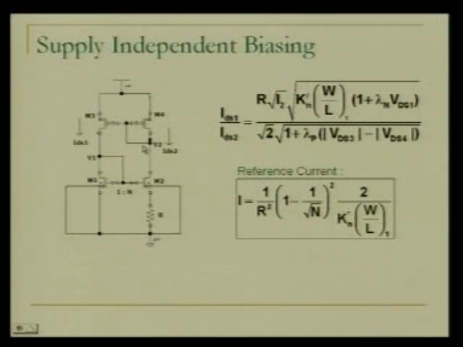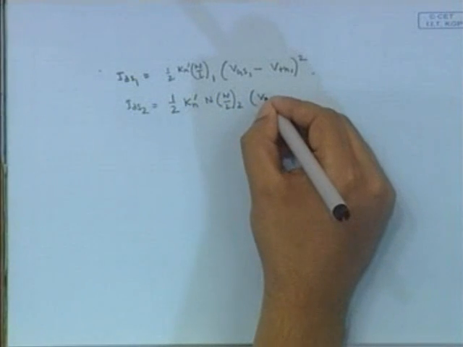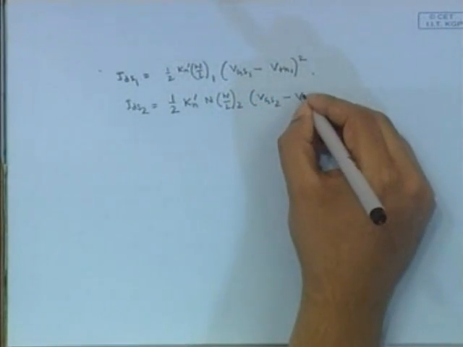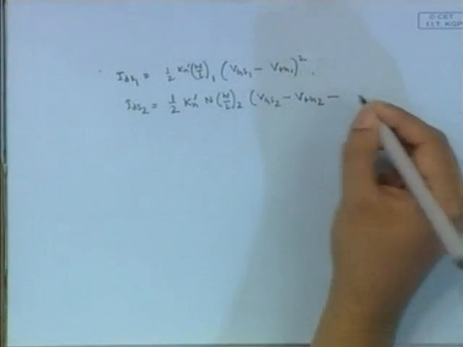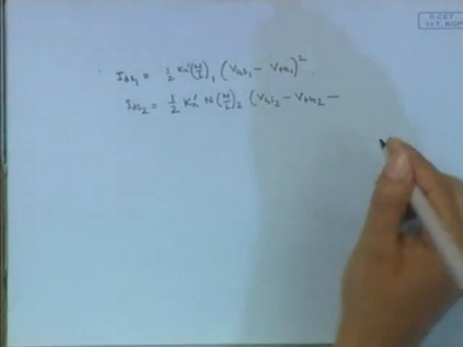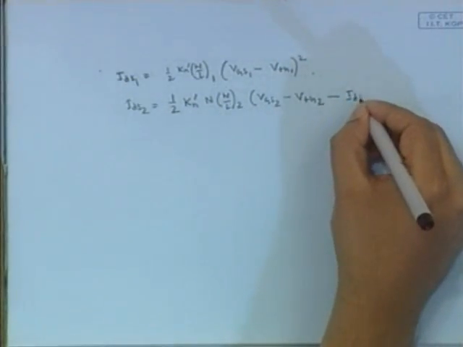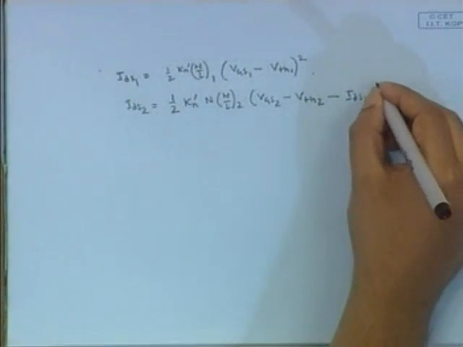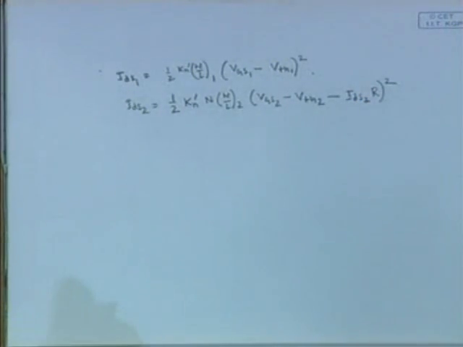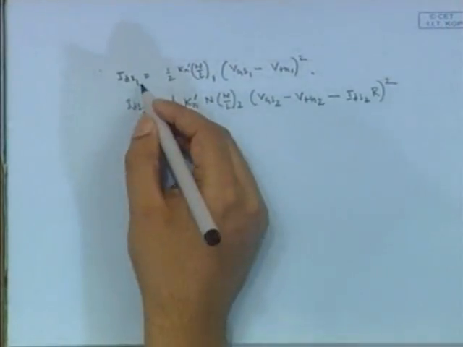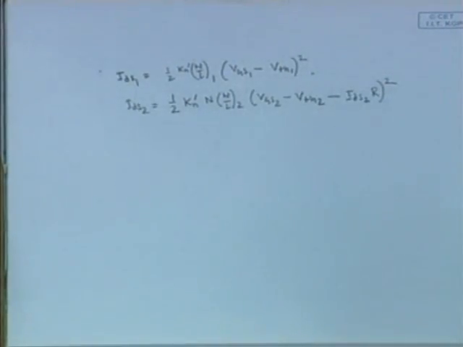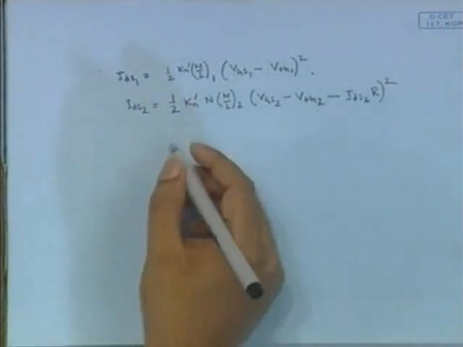So we can write the current equations like half K dash N W by L2 times (VGS2 minus VTH2 minus the drop across the resistance, that is IDS2 multiplied by R) whole square, right? So IDS1 and IDS2 should be equal because M3 and M4 are kept 1:1. So we can just say these two values are equal.